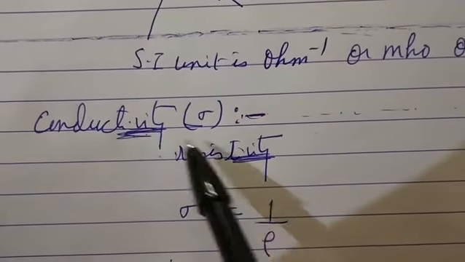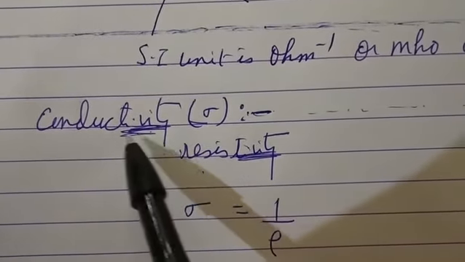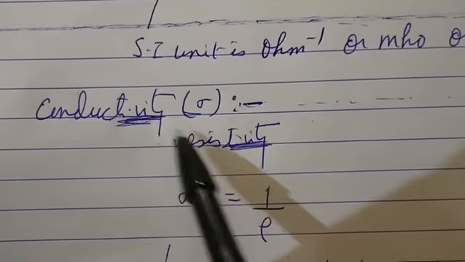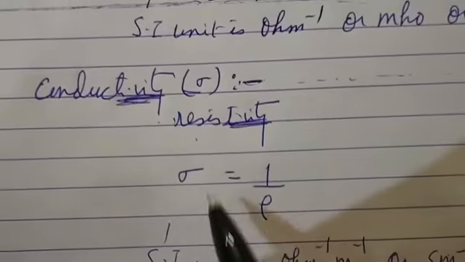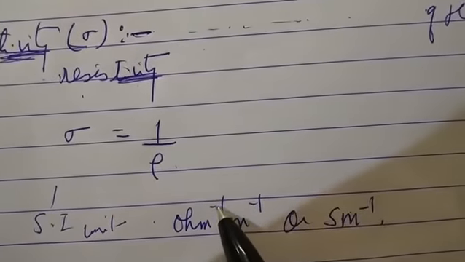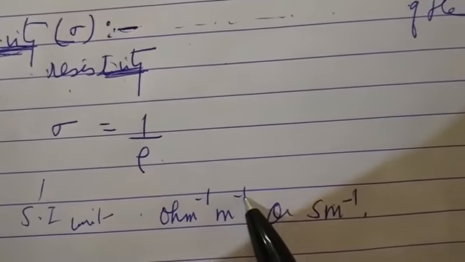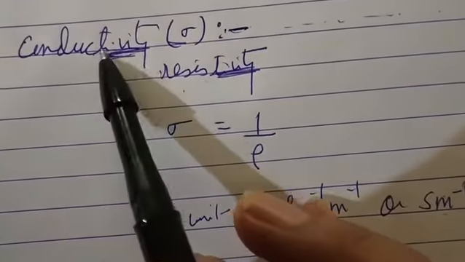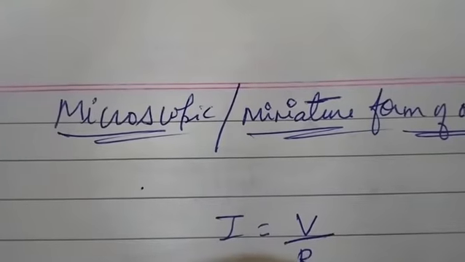Conductivity and resistivity are reciprocal of each other. Its SI unit is per ohm meter, or ohm raised to power minus 1 meter raised to power minus 1, or Siemens per meter. This is the unit of conductivity.